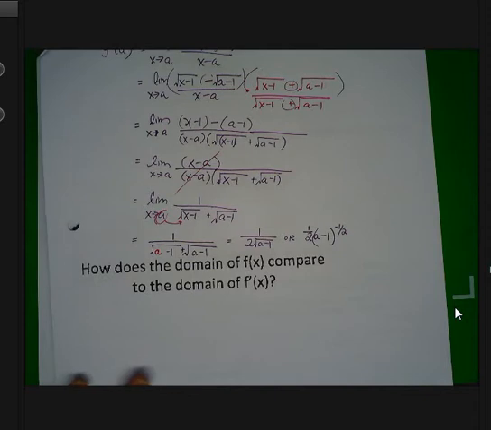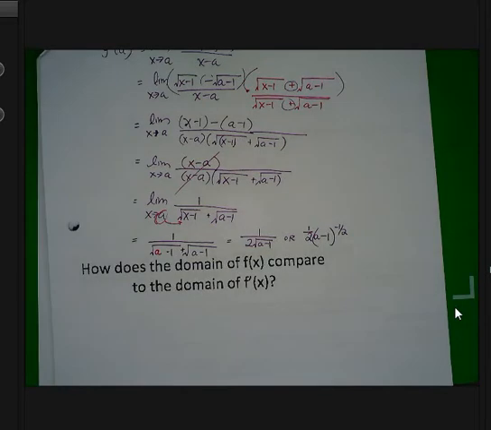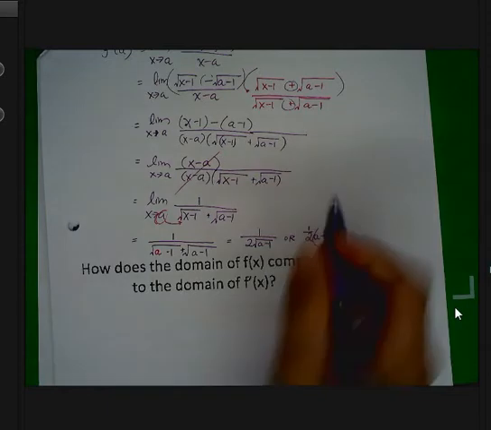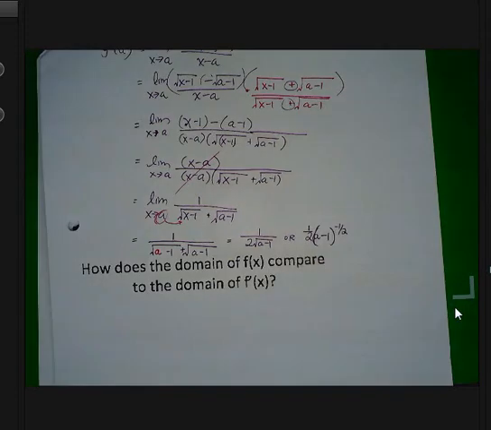You can leave it like that, but we don't care about that anymore. We were just kidding in Algebra 2. We don't care about radicals in the denominator. Wait, why is it negative? Because it's in the denominator.